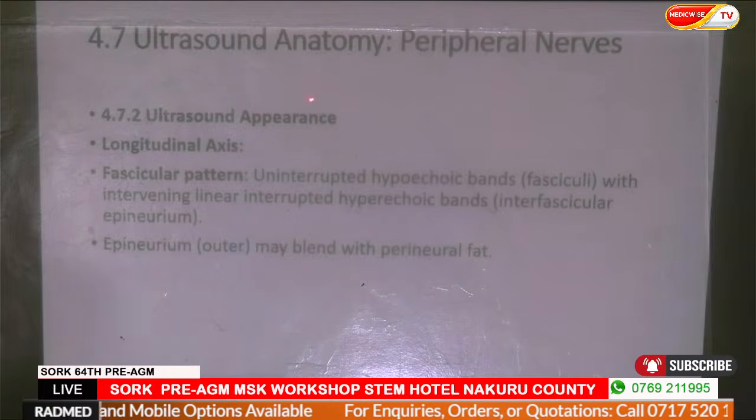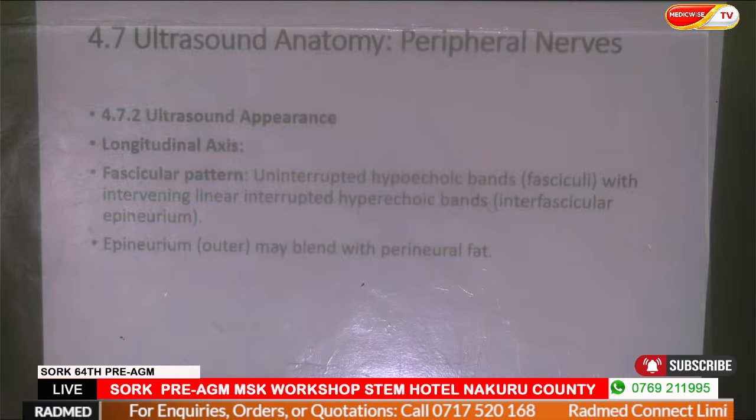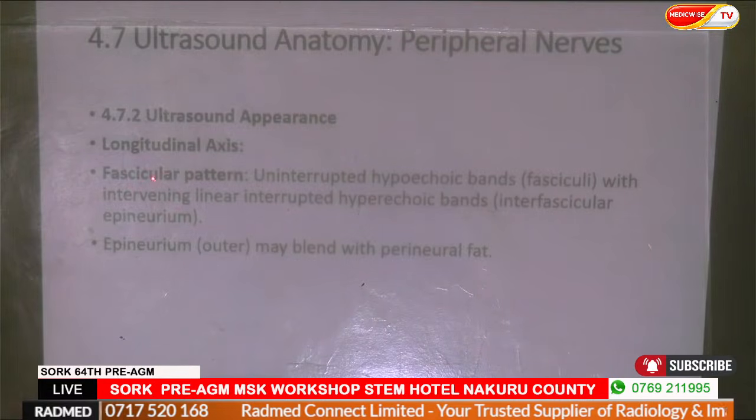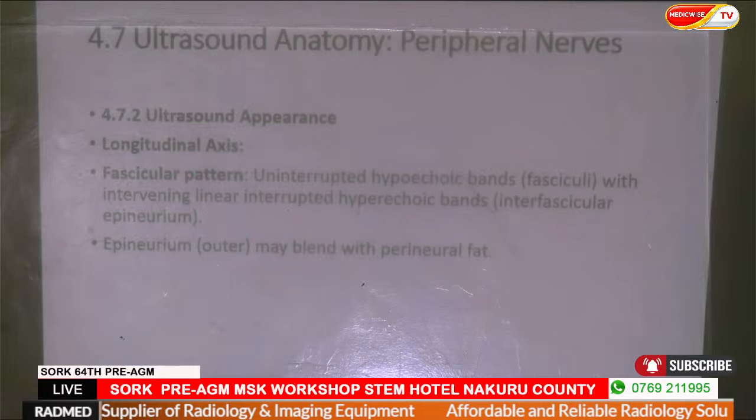So, ultrasound anatomy of peripheral nerves, longitudinal axis, fascicular pattern. This one has no difference from the fibrillar pattern, but only when you come to nerves, you call it fascicular.